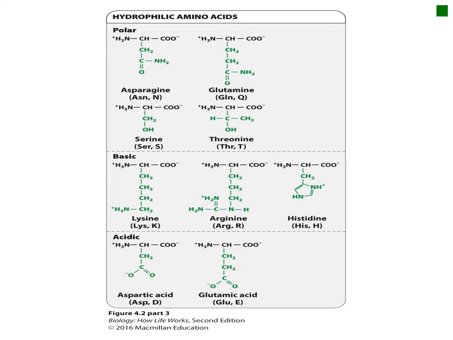Polar amino acids are also able to interact with other molecules through hydrogen bonding, while the basic and acidic amino acids are able to interact with each other or other charged molecules through ionic bonding, or the attraction of opposite charges. Overall, the hydrophilic R groups and their interactions cause the protein to fold in such a way that they are located towards the outside of the protein.